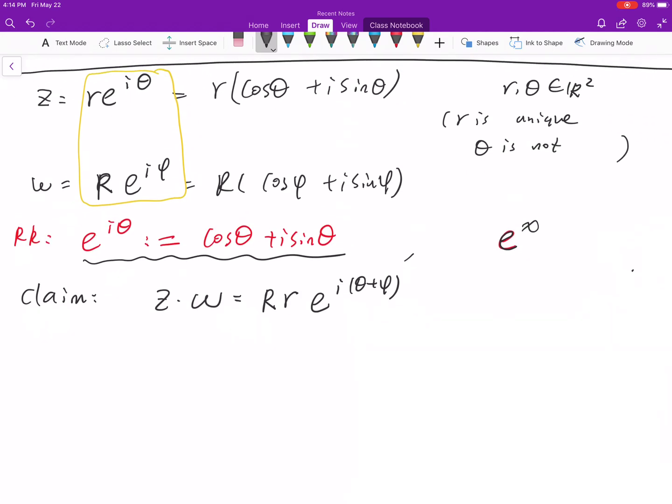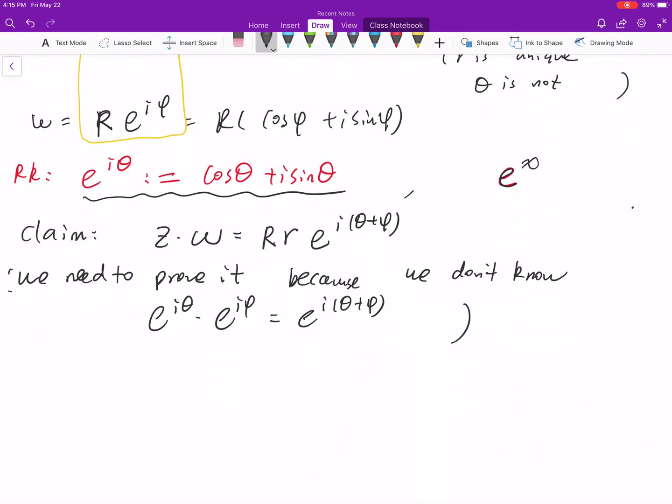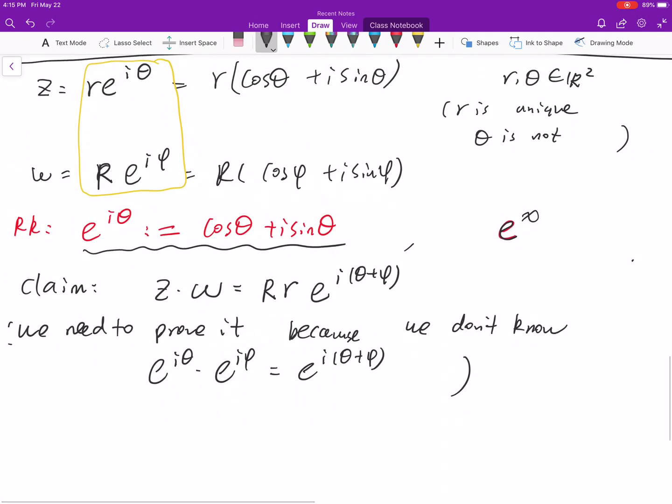This is very natural, but unfortunately we need to prove it, because at this moment we don't know that exponential i theta times exponential i phi equals exponential i (theta plus phi), although this is true when the power is a real number.